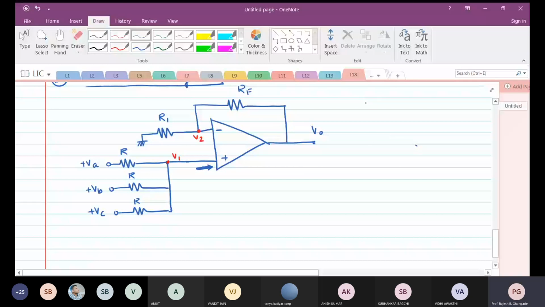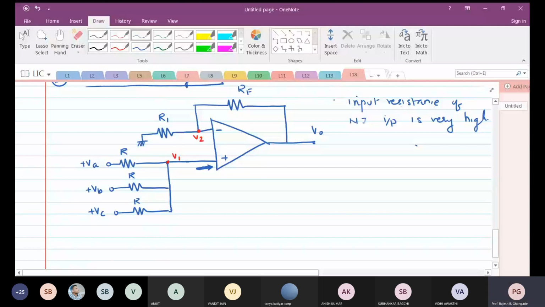You are forgetting basics. Input impedance or resistance of the non-inverting input is very high. Don't forget these basic things.